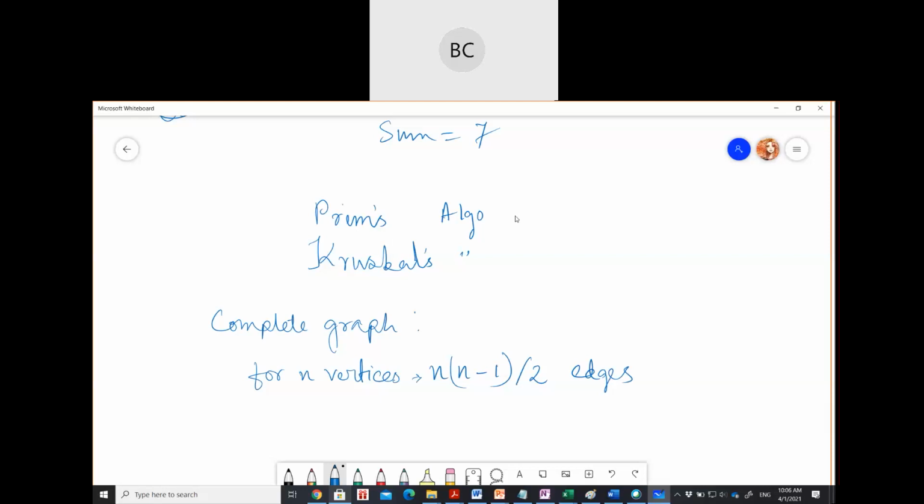A complete graph can be both directed and undirected.